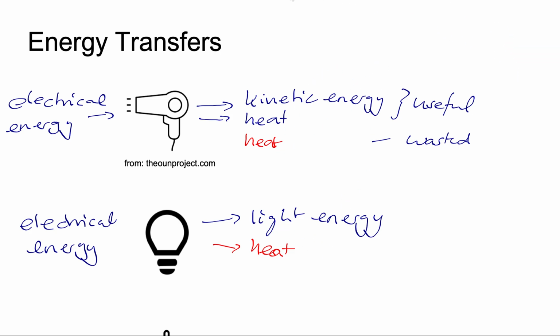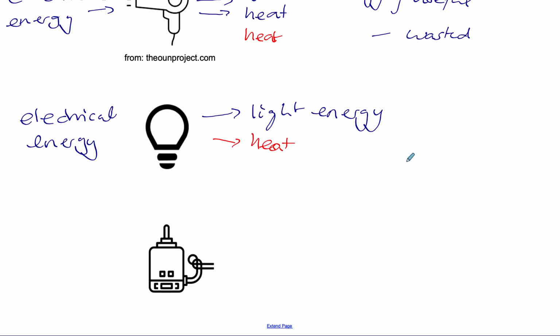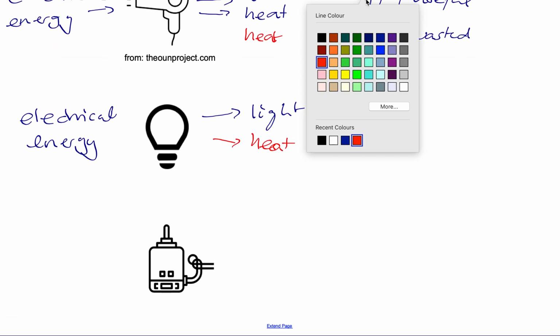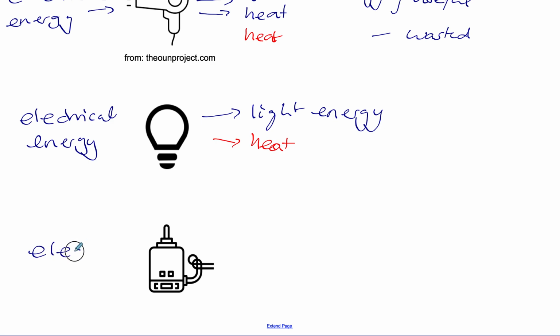Let's have a look at another type. So one more example. There's also the motor, and if you have a motor, you take in electrical energy again. And what you give out is, in this case, kinetic energy.